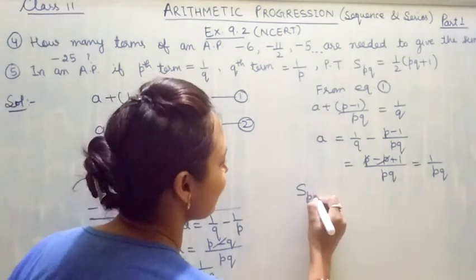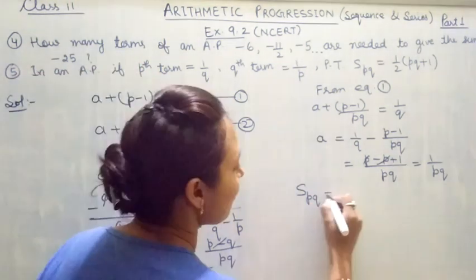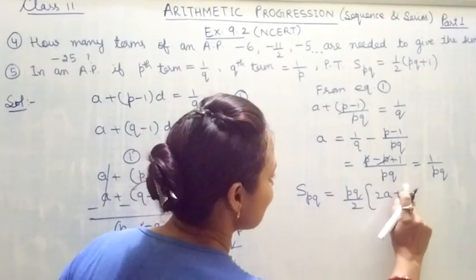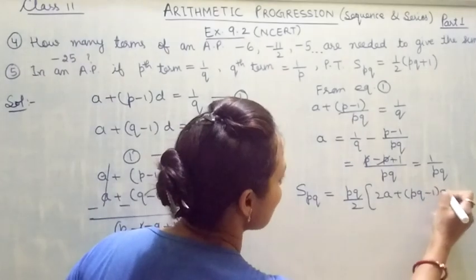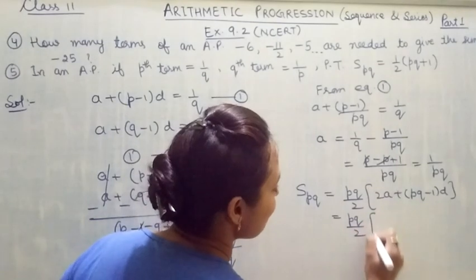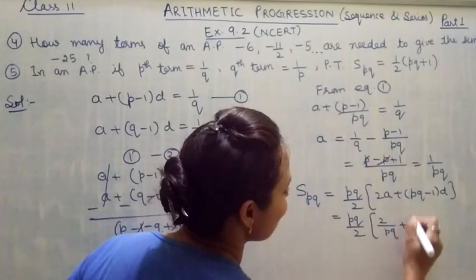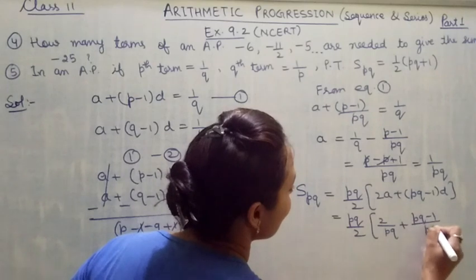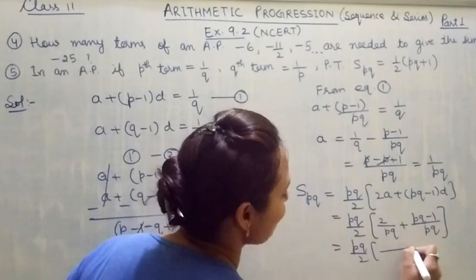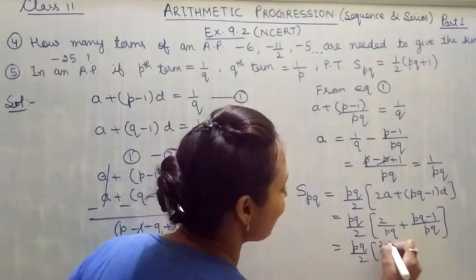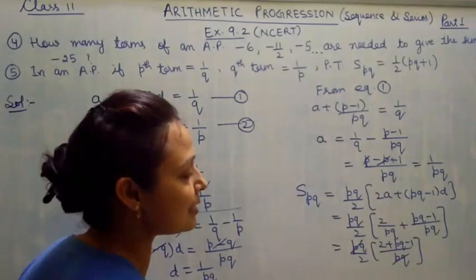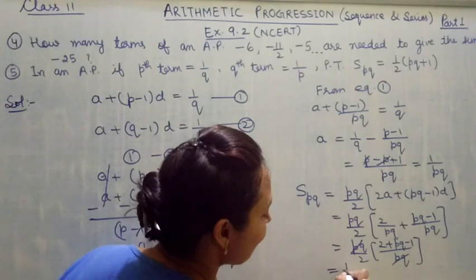Now I will concentrate on S pq, that is pq/2 times (2a + (pq - 1)d). I will put in the values of a and d: pq/2 times (2 times 1/pq + (pq - 1)/pq). Closing the brackets, pq/2 times (2 + pq - 1)/pq. The pq cancels, and 2 minus 1 is 1.